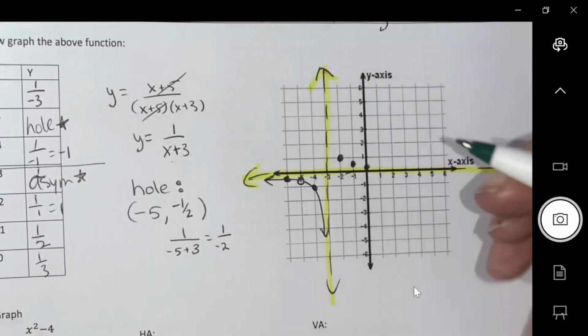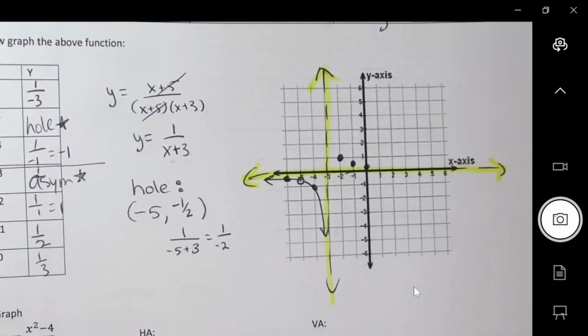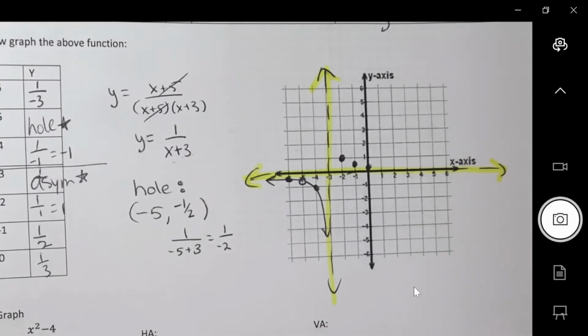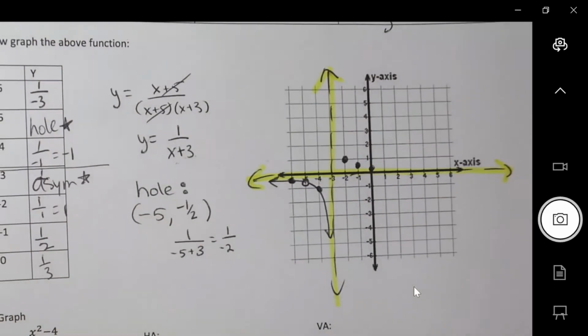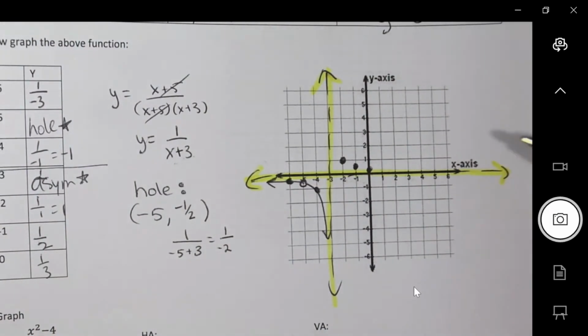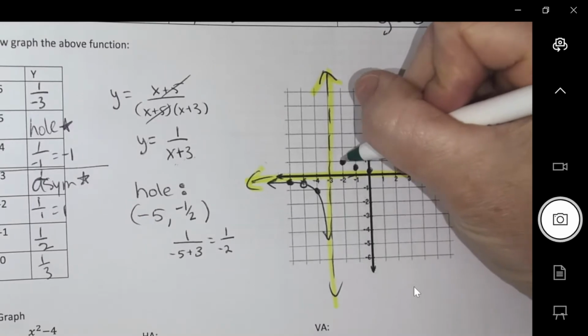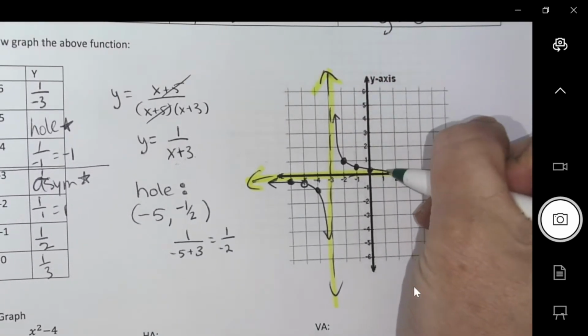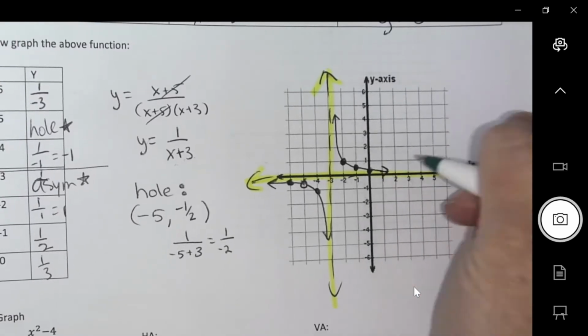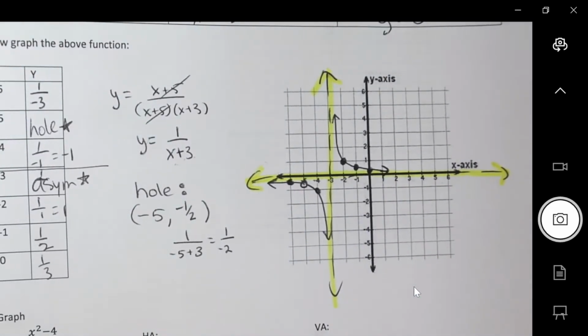So I'm going to plot those 3 points. And what do you think? Do you see the pattern? It's heading up, and this way it'll be flattening. Okay, you can never ever ever cross over an asymptote. So if your graph is crossing one, that means you did something wrong with your points.